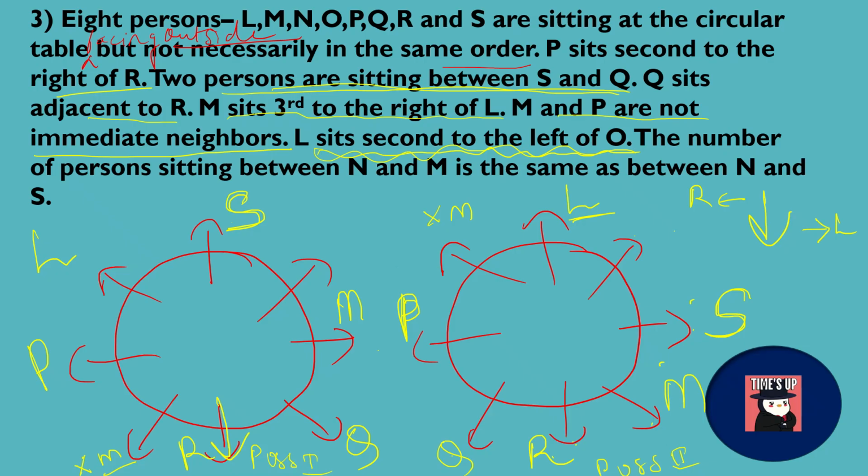No, wait. There is no place for O actually. The only place for O is here, but it will be the immediate left of O. But we want L to sit second to the left of O. So this possibility becomes wrong. Second possibility becomes wrong. Okay. So now we will solve the first possibility.